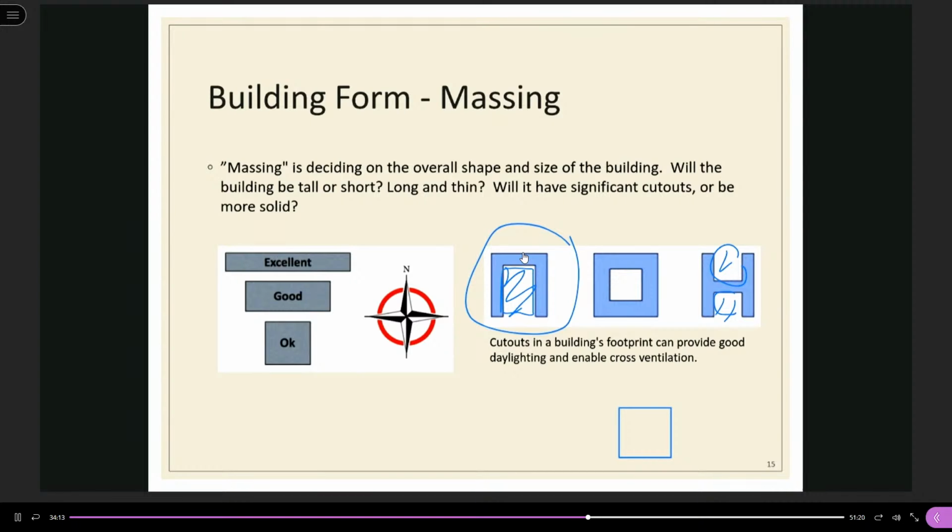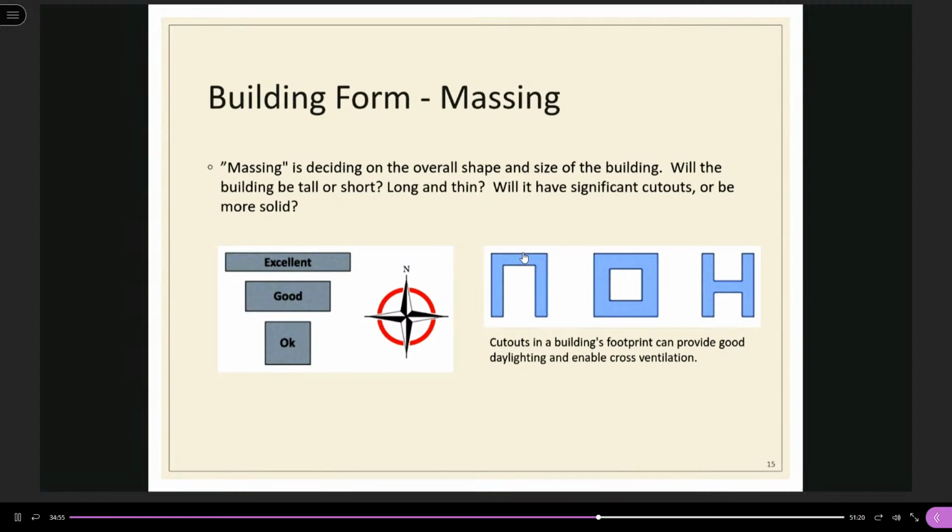These cutouts, or atriums, will enable you to have more windows so that you can harvest more daylight, and also allow more natural ventilation. So compared to this solid building form, having cutouts can improve the daylighting and also the natural ventilation.